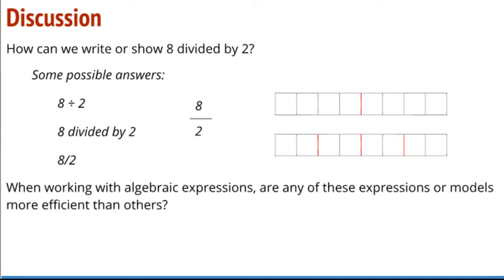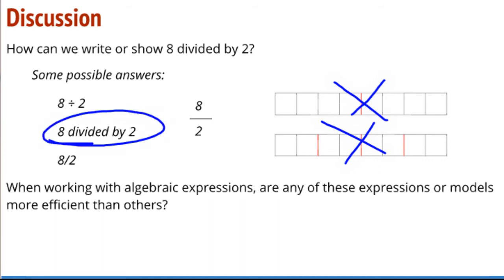I'm pretty sure that models are not going to be terribly flexible. They're great for understanding conceptually what's happening, but they're not great for flexibility. I'm pretty sure that we have already worked on writing things in the simplest possible way, and I'm pretty sure that writing things out with words is not going to be extremely efficient, so we can probably eliminate that.